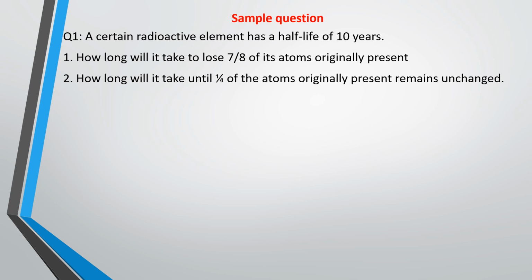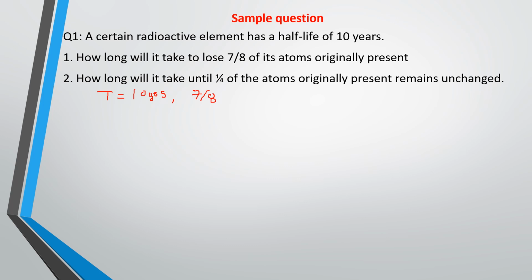So here, for you to solve this problem, you are given the half-life of this radioactive element, T, equal to 10 years. Then the fraction that has decayed is given to you to be equal to 7/8. This is the fraction that has decayed.